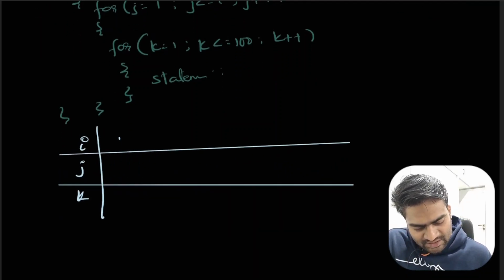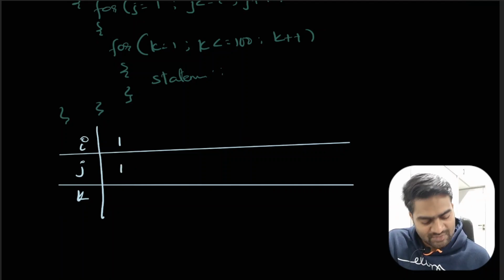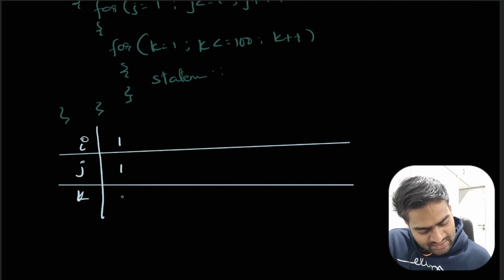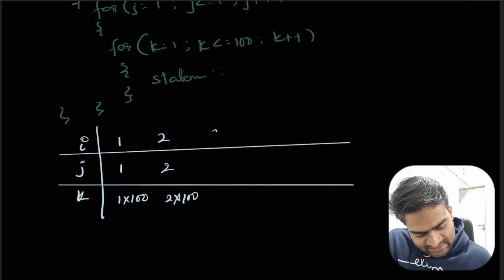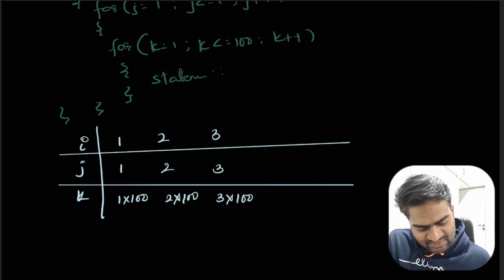So when our i value was 1, our j executed one time, so k executed for 1 into 100 times. When our i value is 2, our j executes 2 times and our k loop executes for 2 into 100 times. When i is 3, j executes for 3 times and k executes for 3 into 100 times.